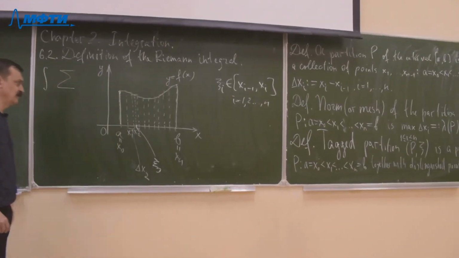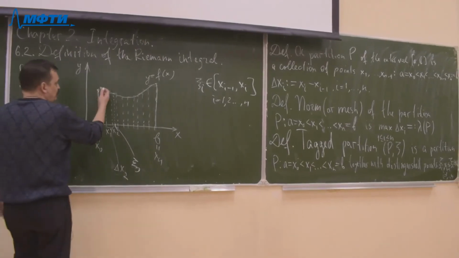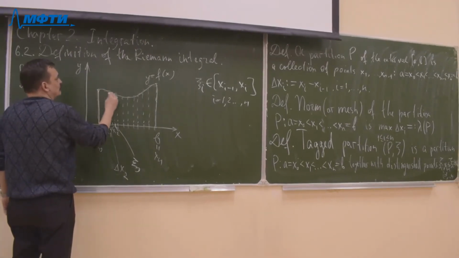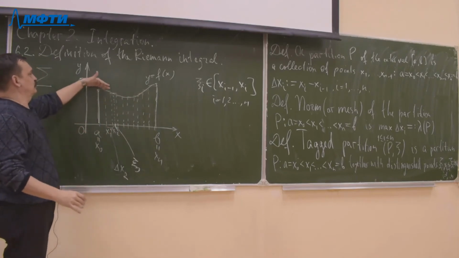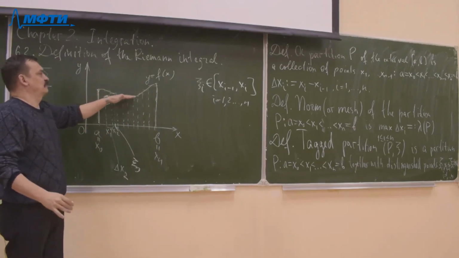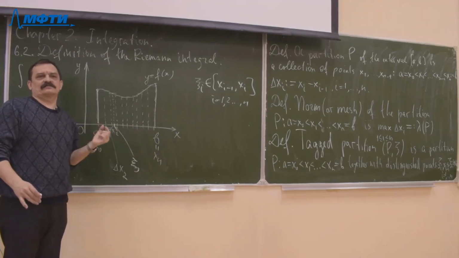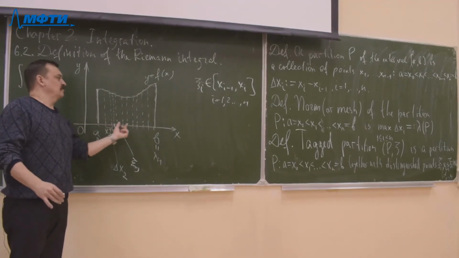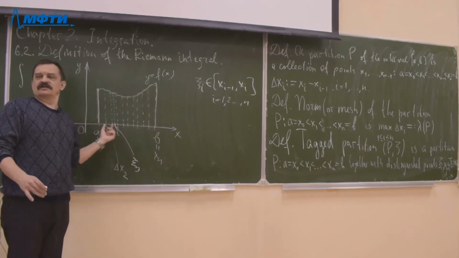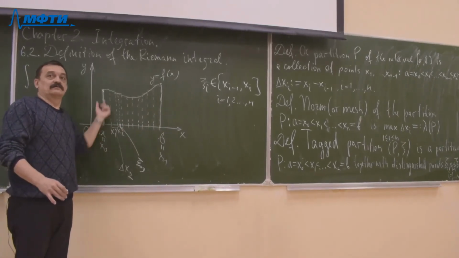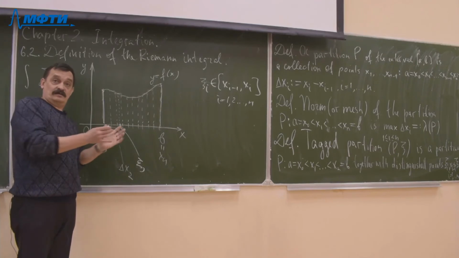I mean, what is the area of that strange figure which consists of those very thin rectangles? Right? So we take many thin rectangles, take their areas and add them together.